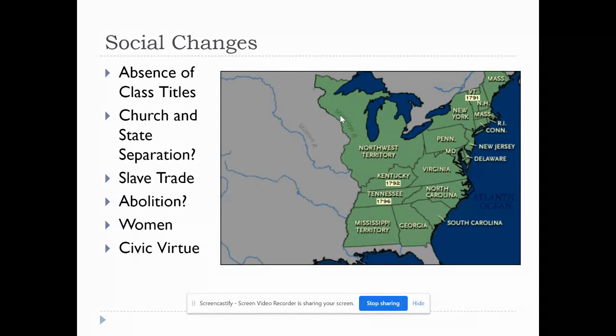Now, keep that in mind as we progress towards the Constitution, because one of the main problems is they don't want titles. They really don't want titles. They don't want any hint of British nobility or British elite status or aristocracy, even though they eventually will have it.